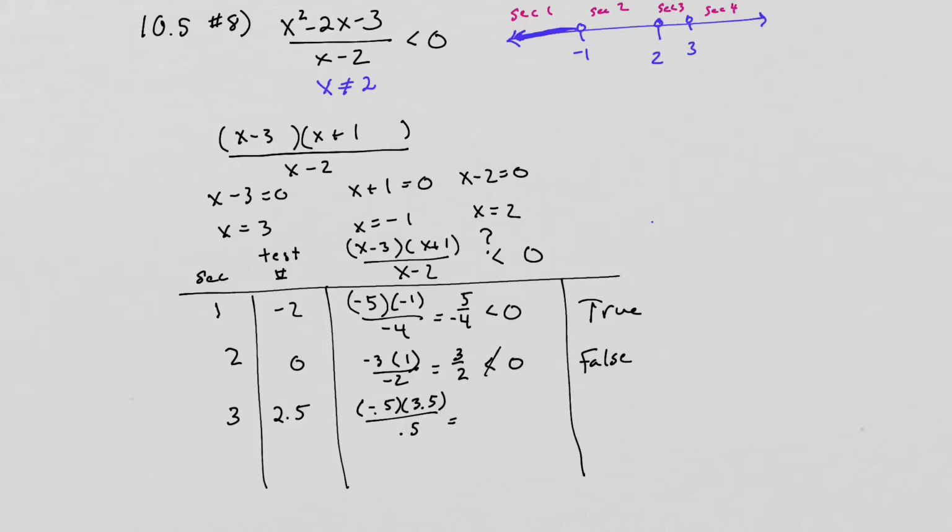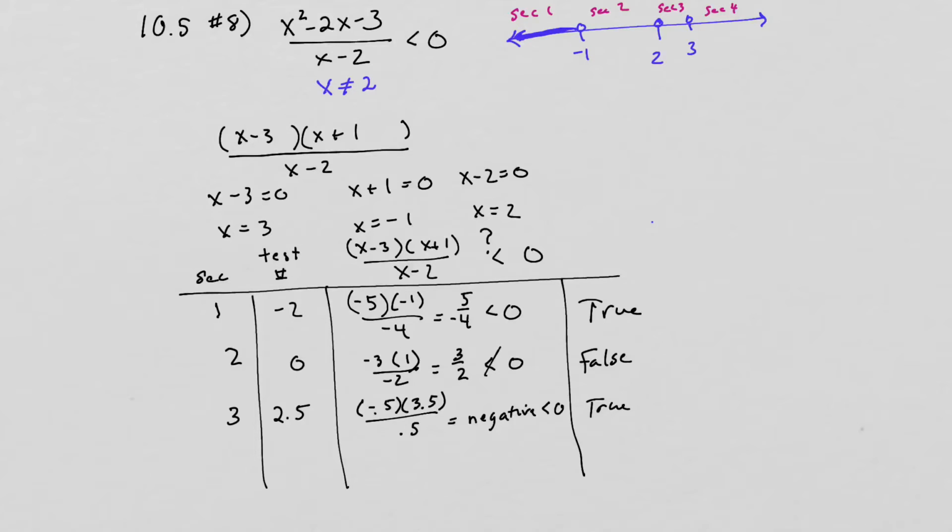Now I don't even care what the result is. I can see that it's negative because I have this single negative here. So I have a negative times a positive, which is negative, and a negative divided by a positive is negative. So the result is negative. Negative is less than 0. So whatever I get, it's going to be negative and thus less than 0. So I want that section included.